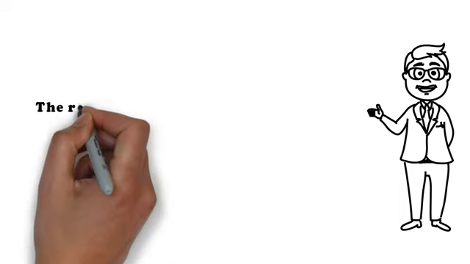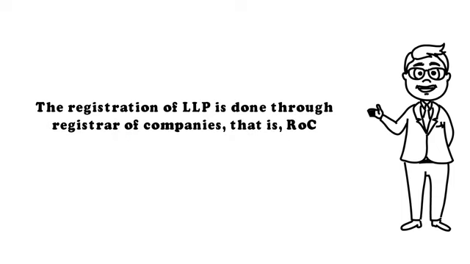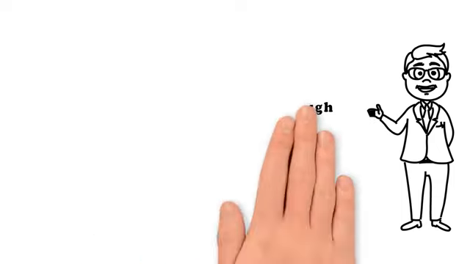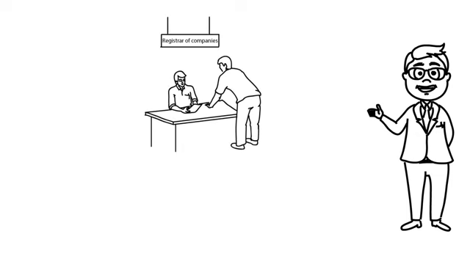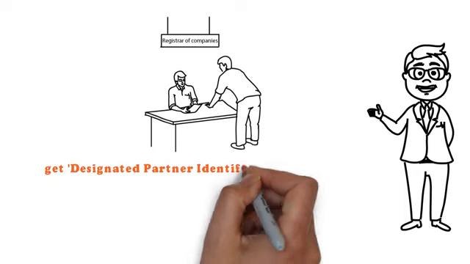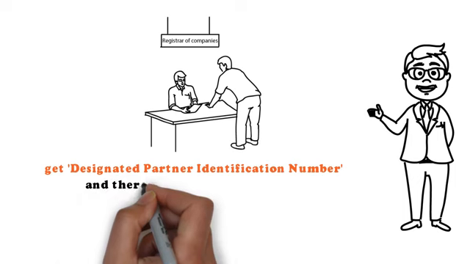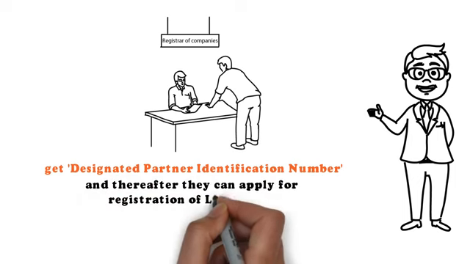The registration of LLP is done through the Registrar of Companies, that is, ROC. First, the partners need to register at ROC and get a Designated Partner Identification Number, and thereafter they can apply for registration of LLP online.